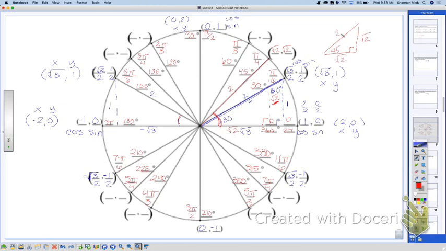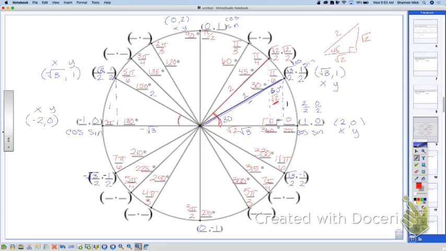Yes? Okay. I have cosine, I have sine, the x y. I want cosine, sine. Put them both over 2. So, square root of 2 over 2 is your sine and cosine for 45 degrees.